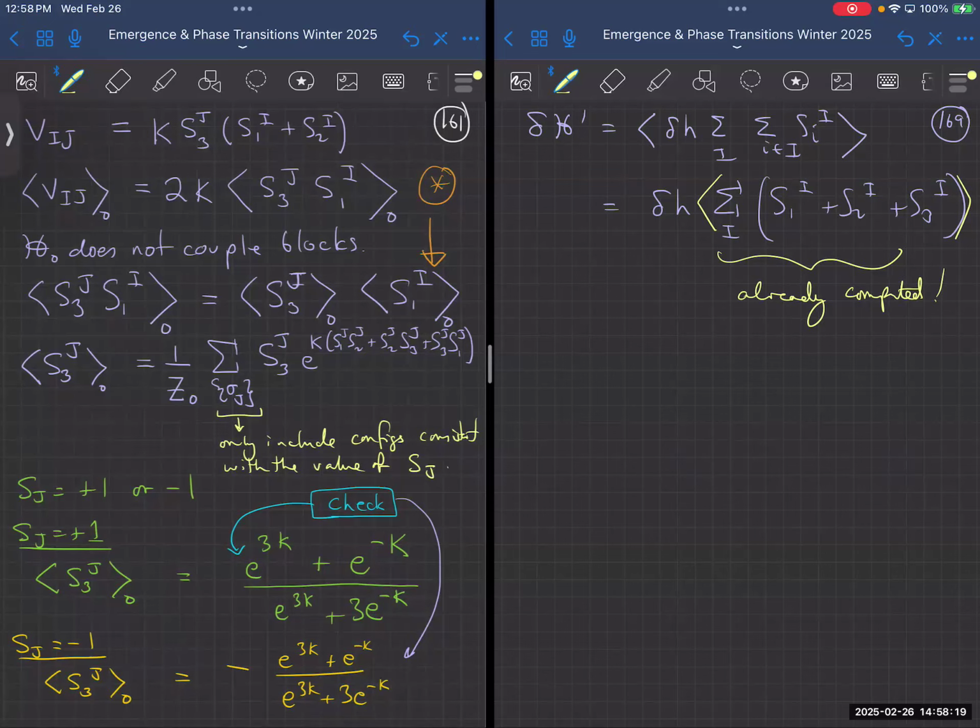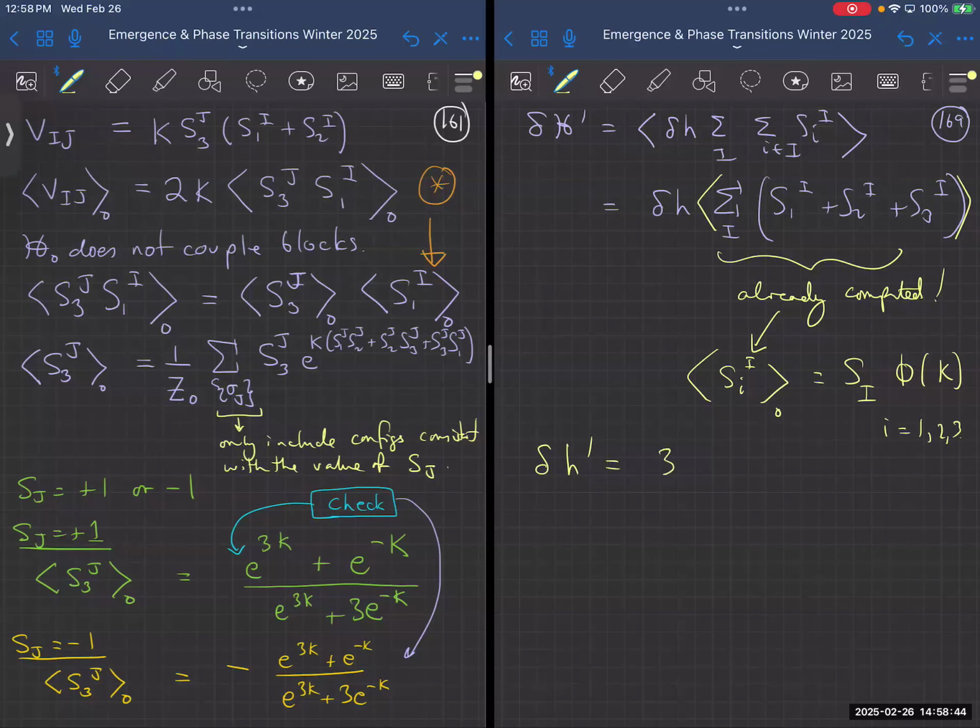So I already know that this thing is, bless you, S_I is just S_I times this function phi of K, and this is true for every I equals 1, 2, or 3. And so I can then read off that delta H prime is 3 phi of K times delta H.